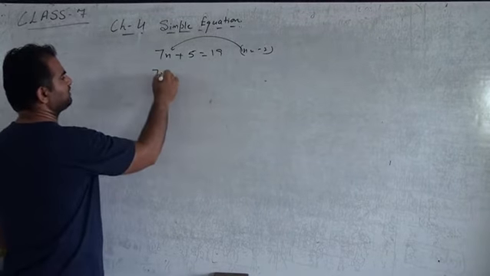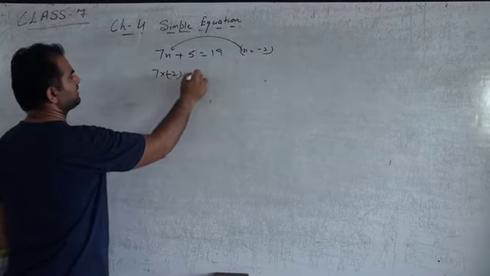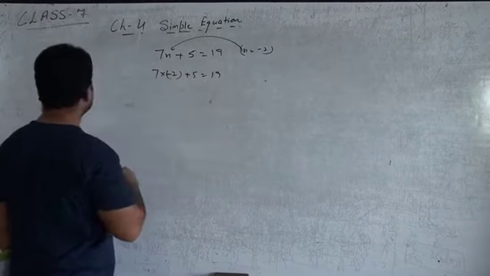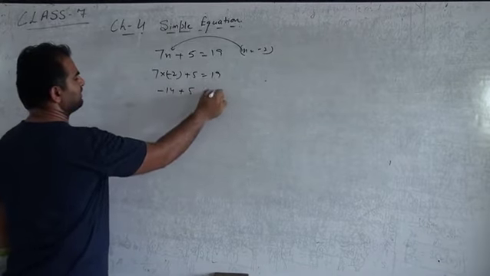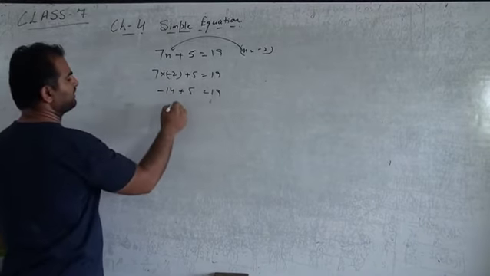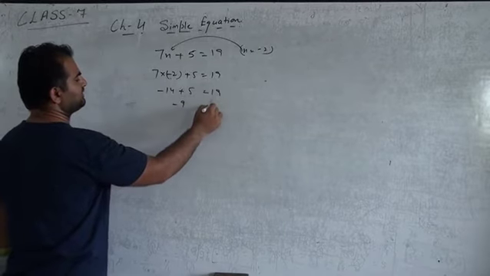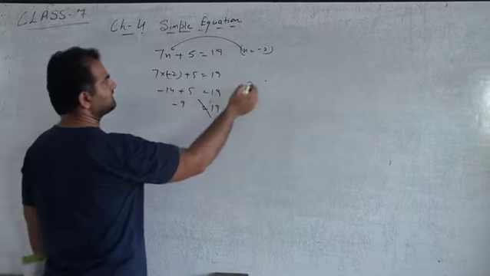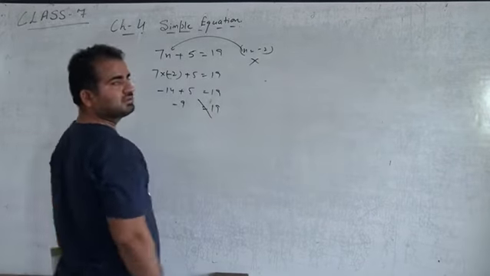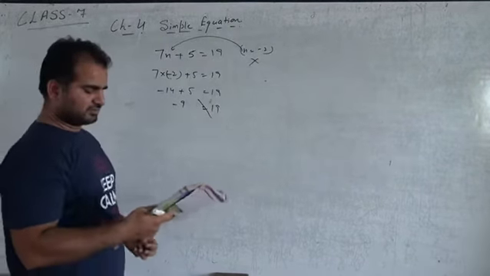So 7 into minus 2 plus 5 equals to 19. Okay. So 7 into minus 2 is minus 14, plus 5 equals to 19. Minus 14 and 5 will be minus 9, is equal to 19. Is it possible? No. So n is not a solution of this equation.